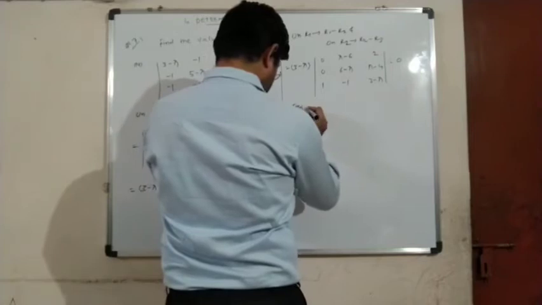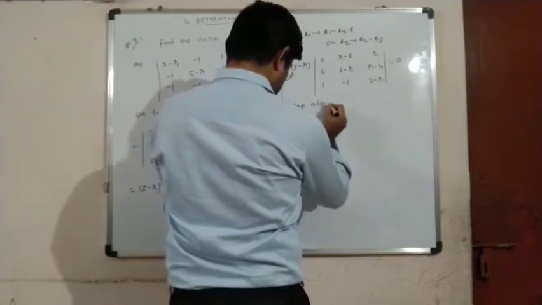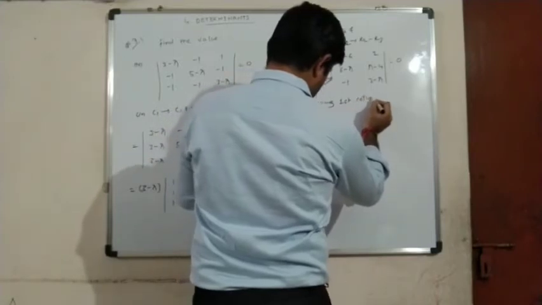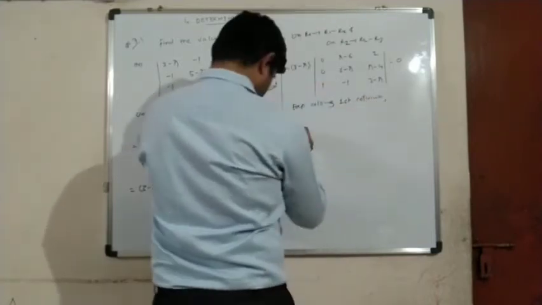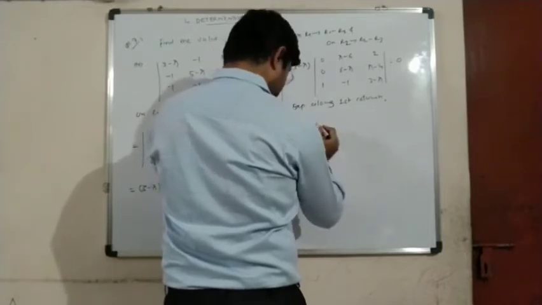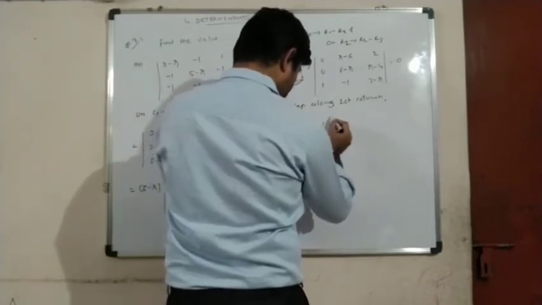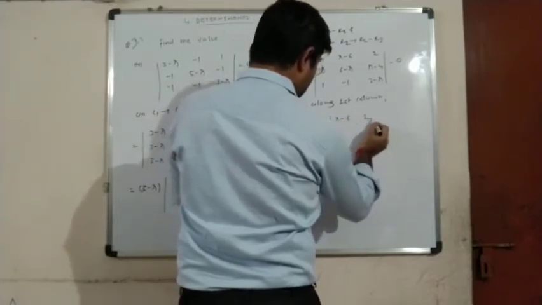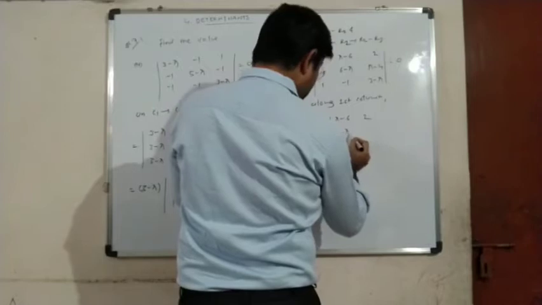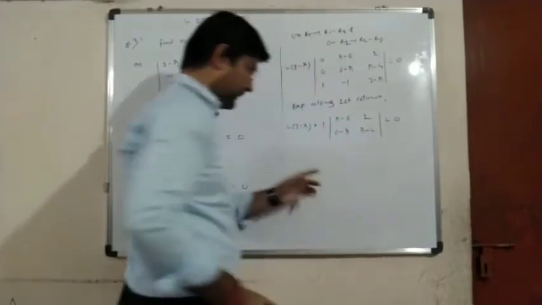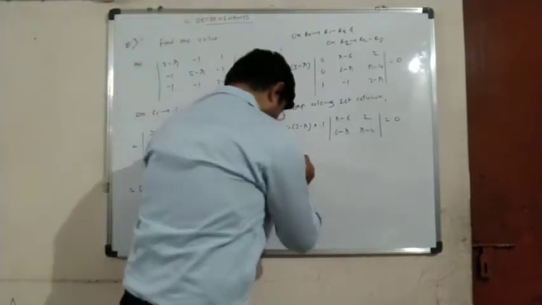Now let us expand along the first column. We will get 3 minus lambda into 1 into the determinant with rows (lambda minus 6, 6 minus lambda) and (2, lambda minus 4). Now let us solve this 2 by 2 determinant.